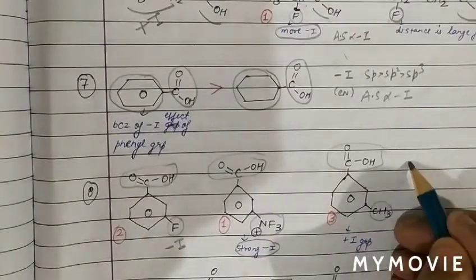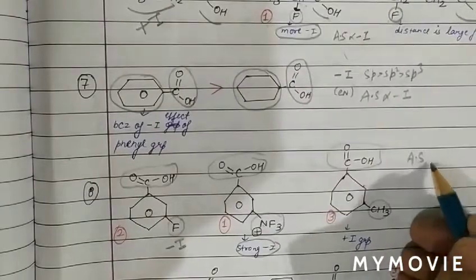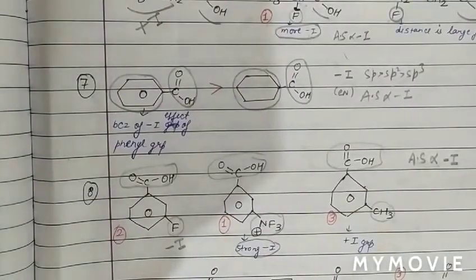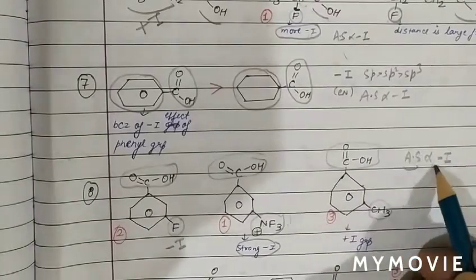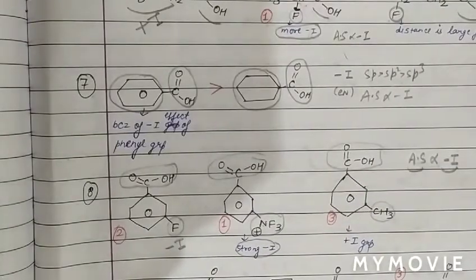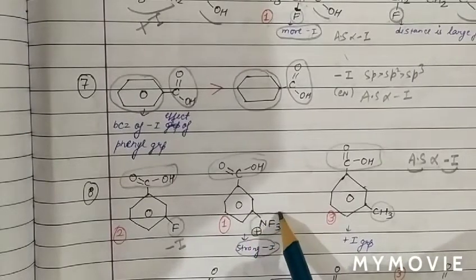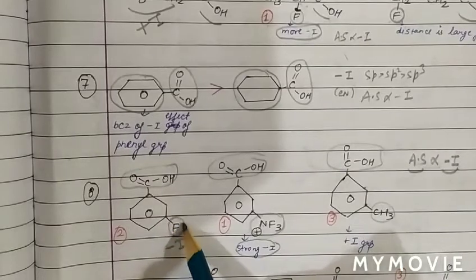And we know the acidic strength is directly proportional to minus I. The minus I effect of NF3 plus is more than the F atom.